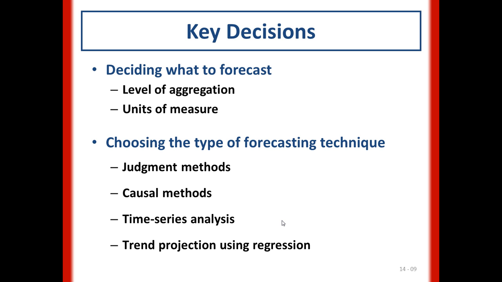We can also use a causal method when two variables are related to each other: independent demand is used to forecast dependent demand. We can also use information from the past to forecast the future demand using time series analysis. We also use trend projection using some type of regression analysis too.